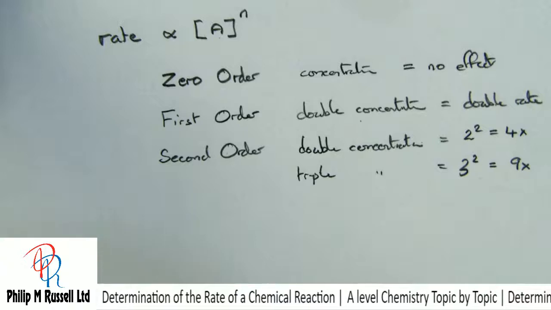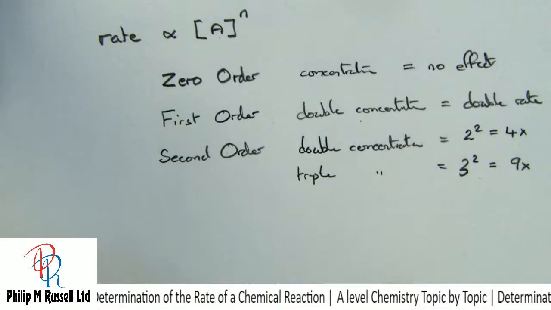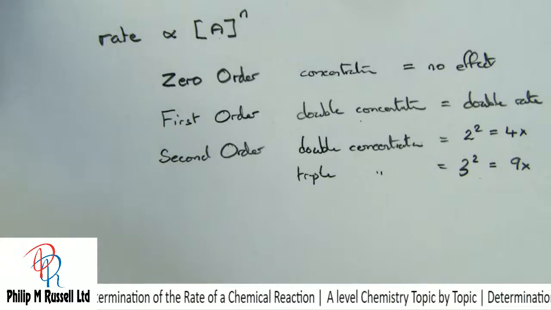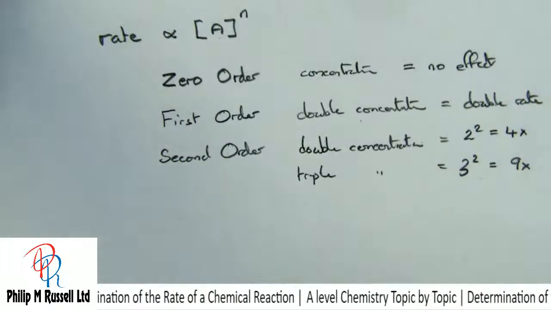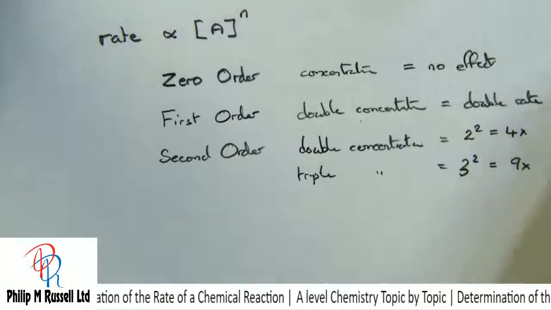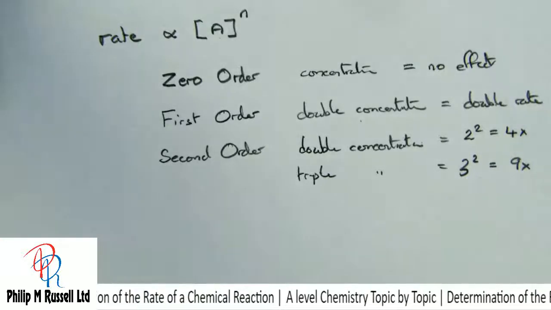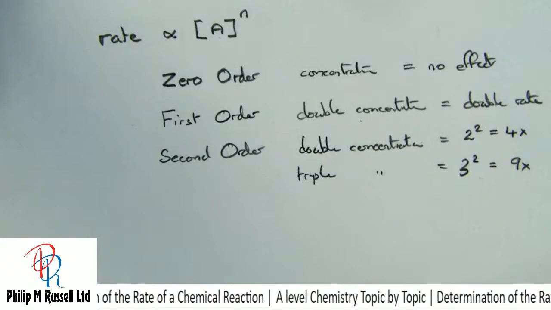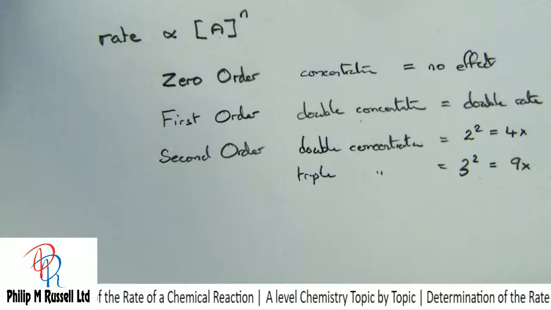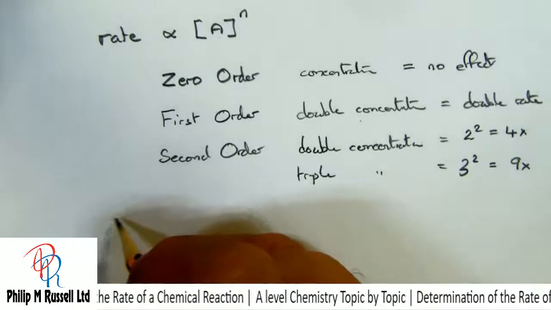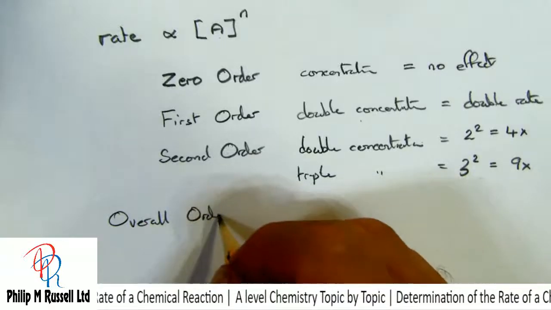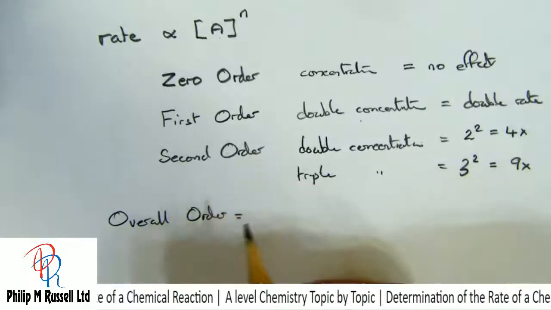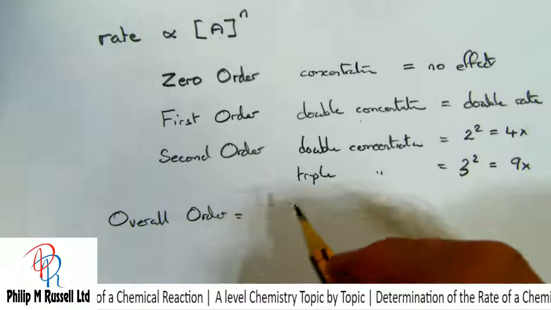The overall order of a reaction basically is related to the orders of the individual parts of the reaction. So the overall order is the sum of the orders.